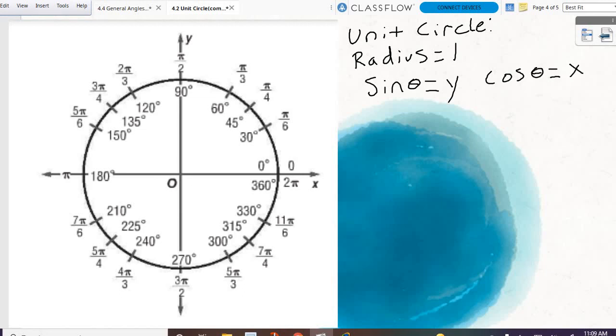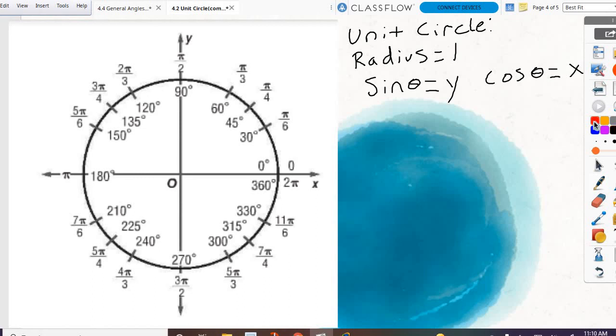So the way that we're going to write that is next to each of our angles, we're going to write the sine and the cosine with it as an ordered pair. Yes? Agreed? Alright. So, we should know our 30, 45, and 60 because we found those yesterday.